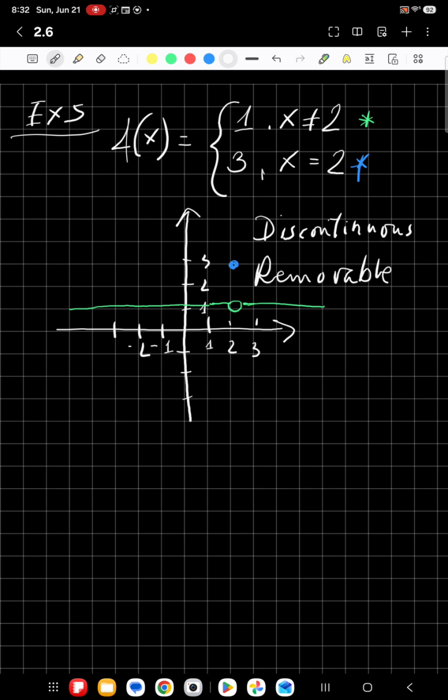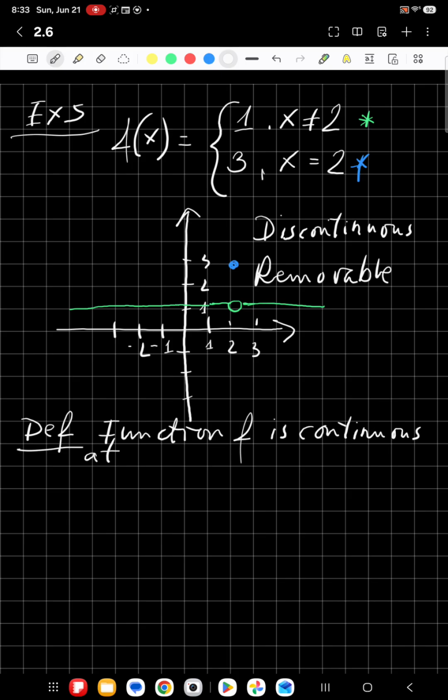Okay, so what is the definition of continuity? So definition. So function f is continuous at some number c, at c, if, and we have 3 conditions.